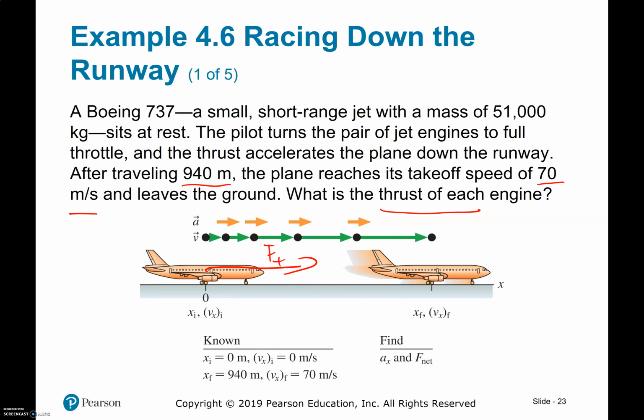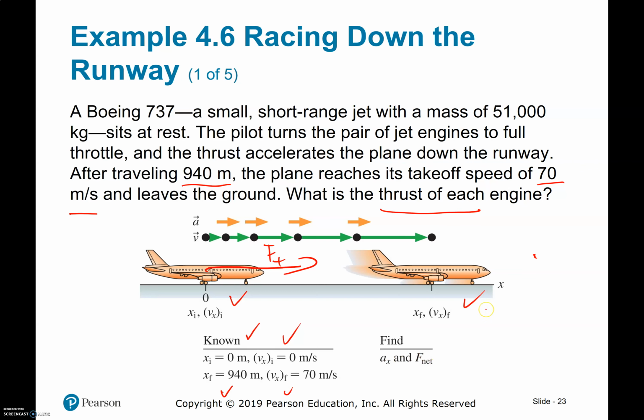We're going to use Newton's second law, so the first thing that is useful to do is draw a picture. We have the plane here at an initial stage and a final stage. The initial position is 0, the initial velocity is 0, the final position is 940, and the final velocity is 70 meters per second.